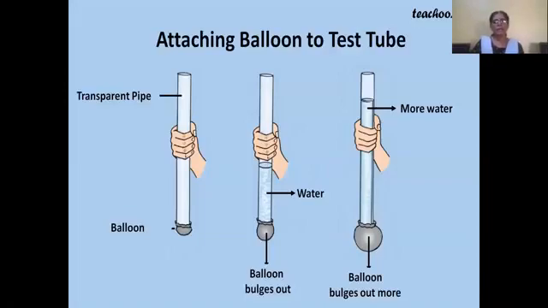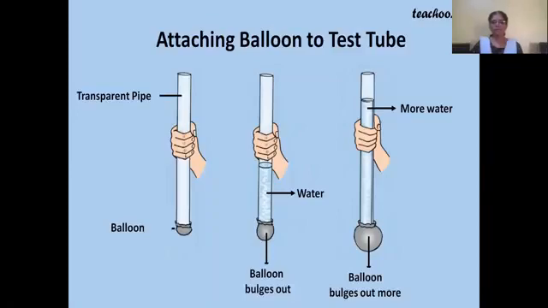You have to take a transparent pipe, made of a glass tube, or you can take a plastic pipe, and attach good quality rubber at one end of the pipe. Take a piece of a burst balloon and attach that rubber at one end of the transparent pipe, and hold the pipe at the center and ask your friend to fill the pipe with water.